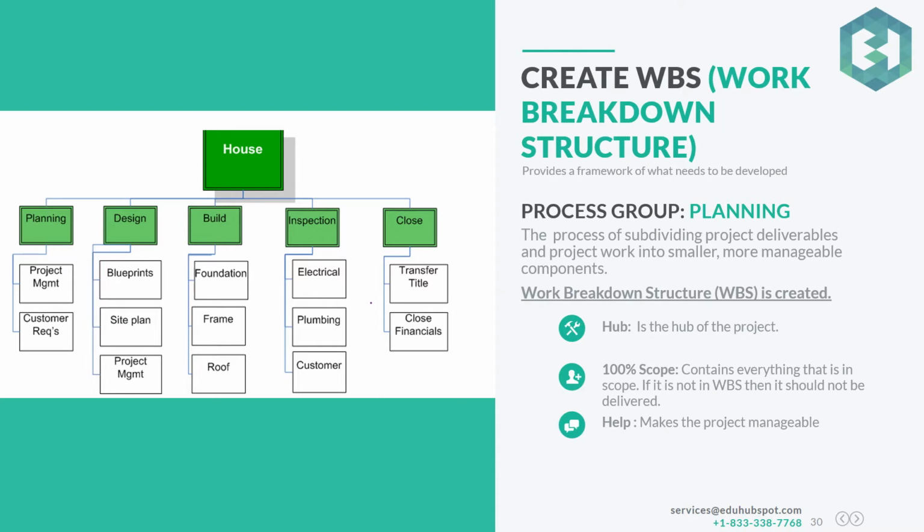It's a tree based, hierarchical structure, and think from the perspective that you are constructing a house. If you're constructing a house, what are the different things you will need? You would probably need some kind of planning, then design, then building, then inspection, then closing.